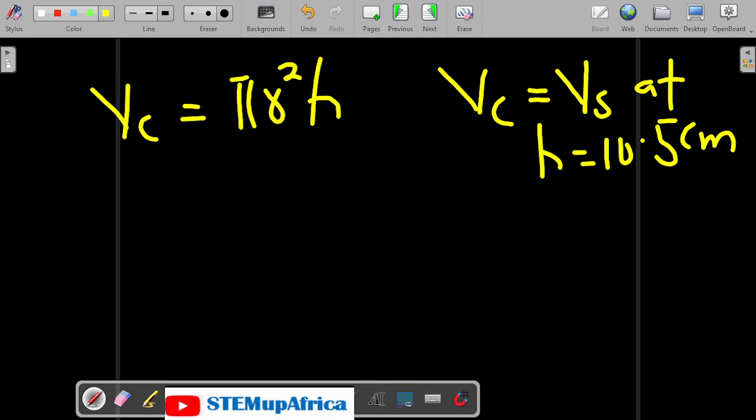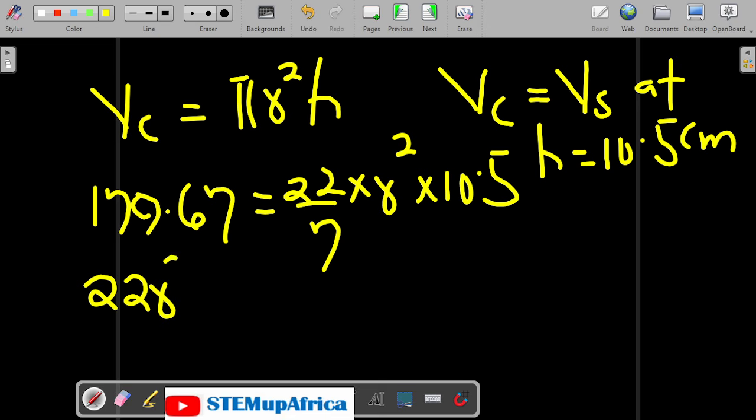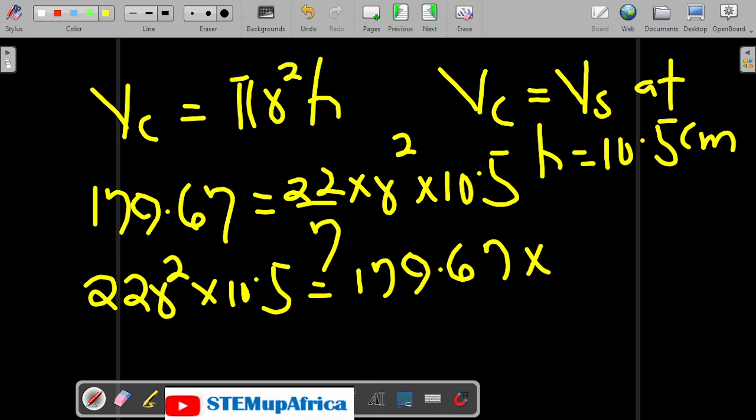So I'm having 179.67 equals 22 over 7 times the base radius of the cylinder, which I don't know, times the height 10.5. If I cross multiply, I'm having 22 r squared times 10.5 equals 179.67 times 7.